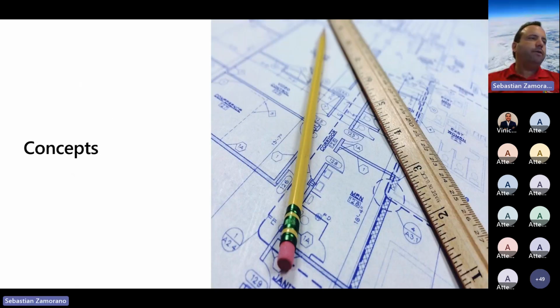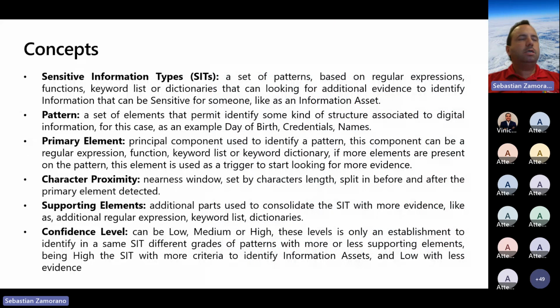To start, we will talk about some concepts. In general, a sensitive info type is a set of patterns and logical connections that can be based on regular expressions, keywords, dictionaries, functions, and other things, or a mix of all of that.